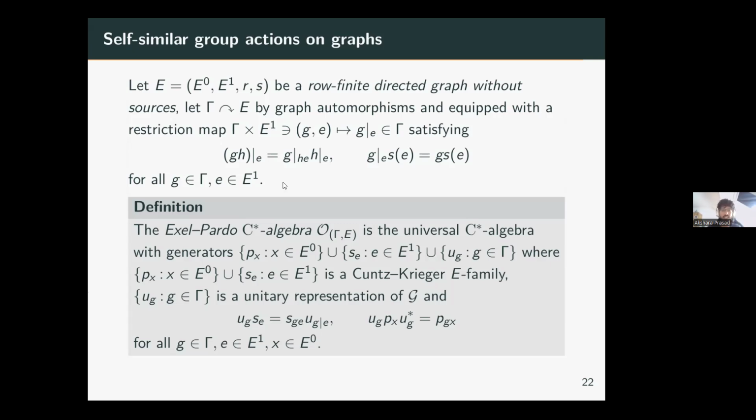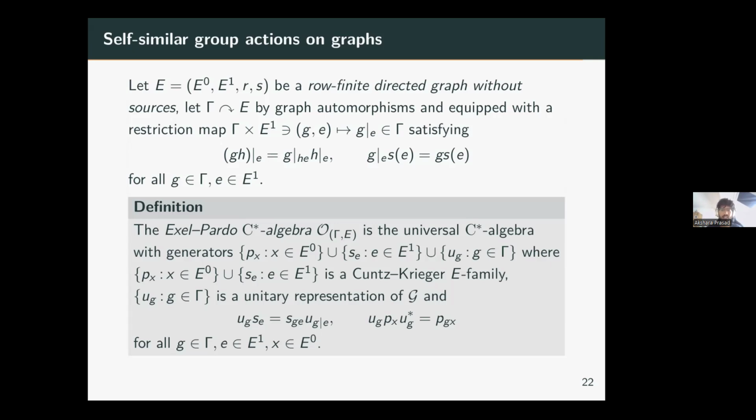That is, for any pair (g, e), with g an element of gamma and e an edge in the graph E, you get an element g restricted to e in the group, and this should satisfy these two conditions. This is the self-similarity part of the action.